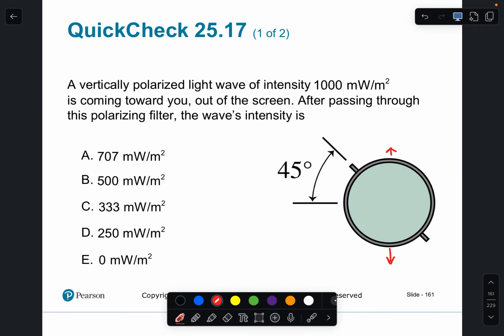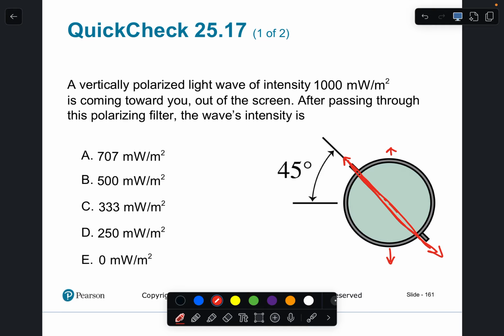So then it's going to come towards the filter, and what's going to happen is the light is going to become polarized in a new direction along the axis of polarization of this polarizer, which we're told is right. Okay, this is the polarizing axis, right? After passing through. Yep, this is the polarizing axis. So after the light passes through, it's going to be pointing in this direction.